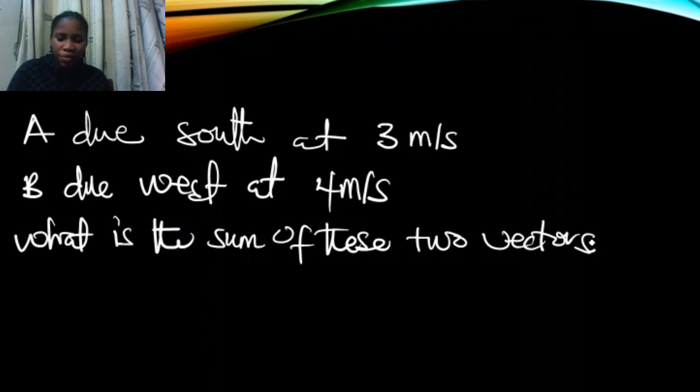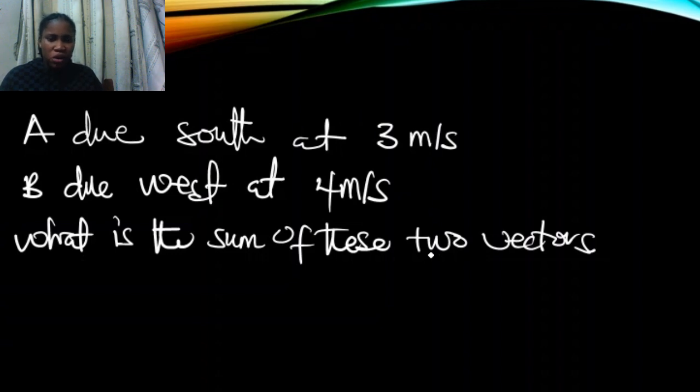The question took a lot of space, but yeah. So we are coming to find the sum of these two vectors. Body A is moving due south at 3 meters per second, and body B due west at 4 meters per second. So now we can actually just use the Pythagoras.